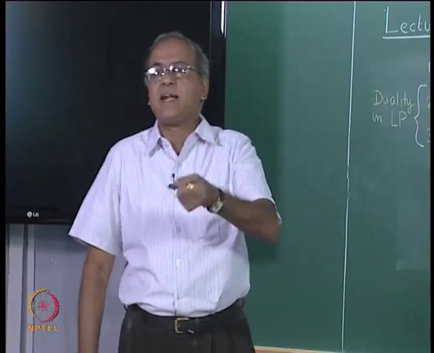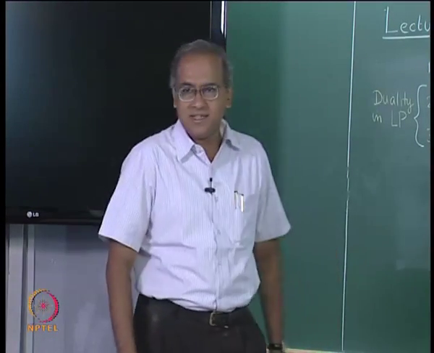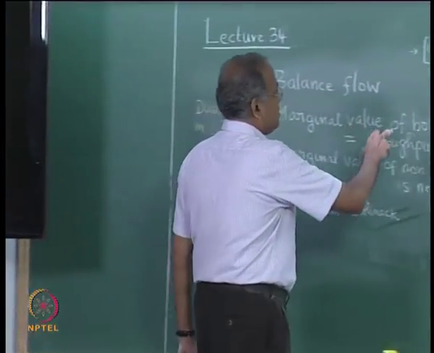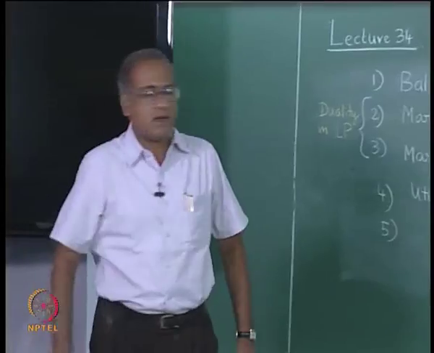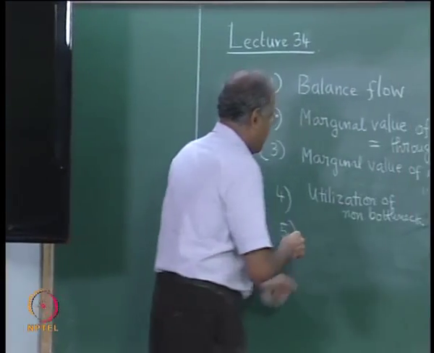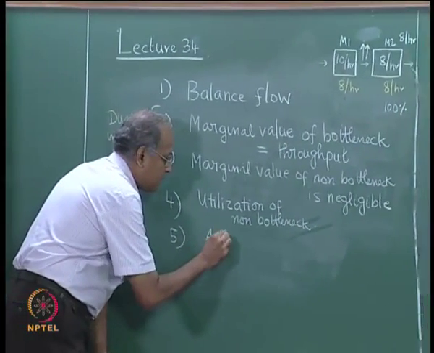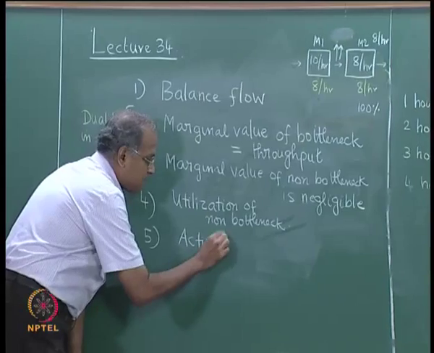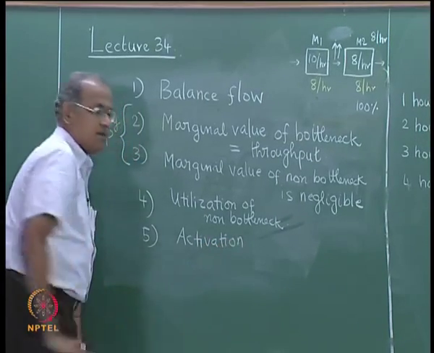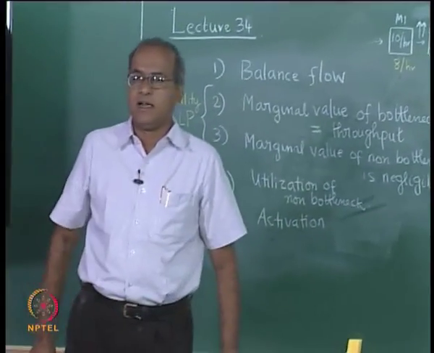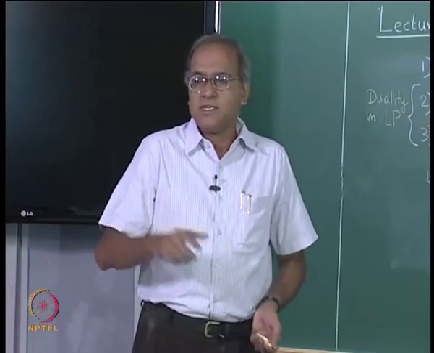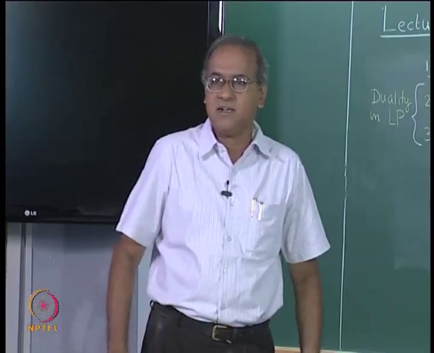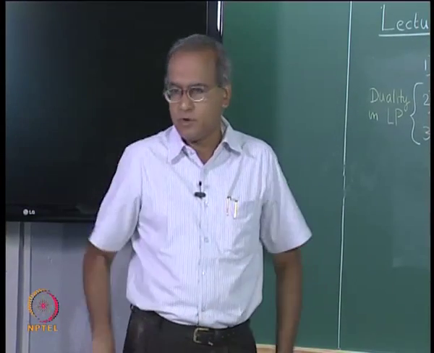So, we should bring activation to 0%, and therefore, let this produce only 8 per hour and not 10 per hour. So, SM5 and SM1 are essentially related, but it introduces the idea of activation, which is to be eliminated and left out. Activation essentially shows some kind of a dummy utilization, which is not throughput.